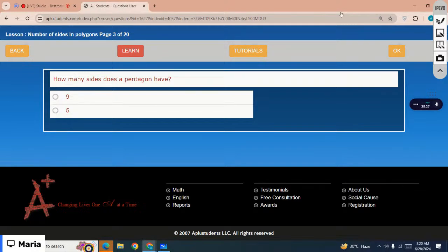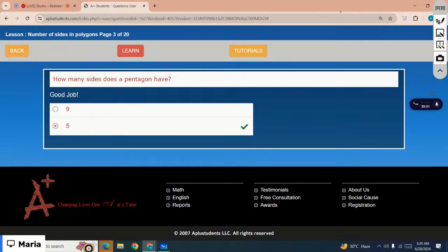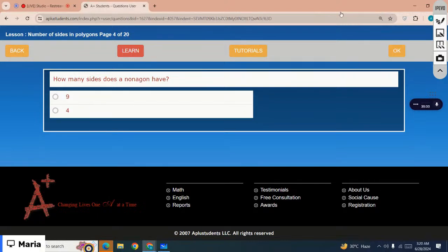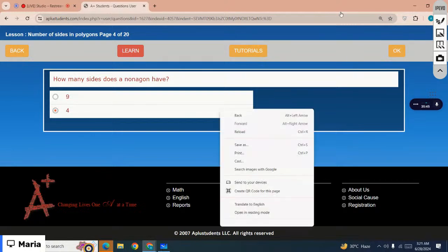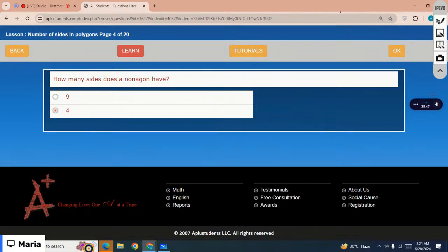A pentagon has five sides. The correct option is five. How many sides does a nonagon have, which is the correct option?